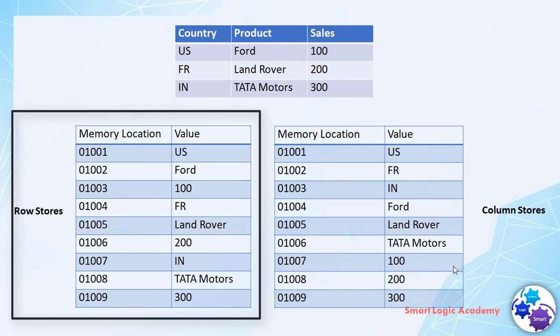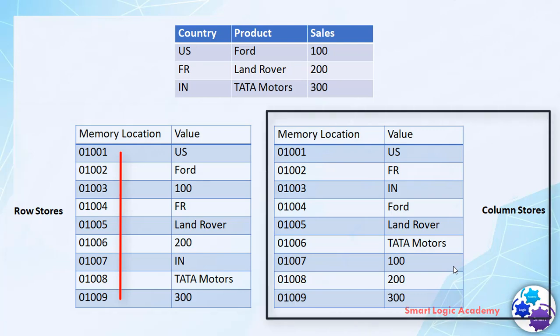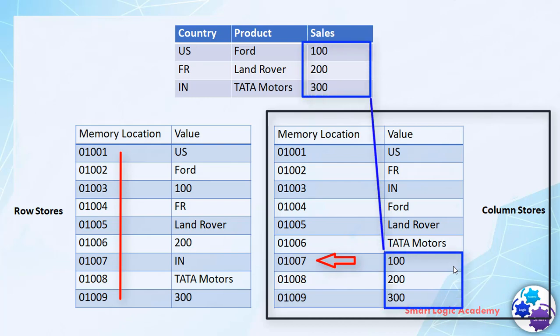To get the matching records, the system has to go through all the memory locations in case of row store, whereas in case of column store the system will directly go to memory location 01007, because this is the location where the sales related information is stored.